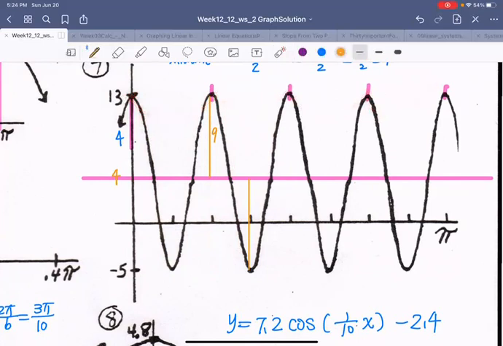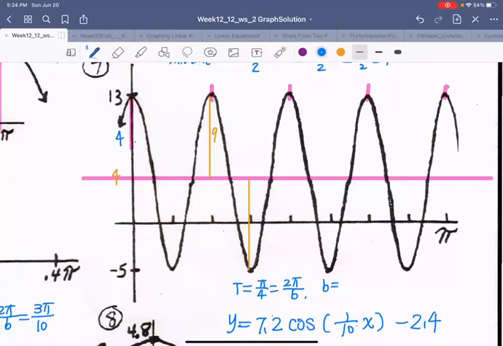So your T equals? T equals 1 pi over 4. Okay. T also equals? 2 pi over b. B equals? B equals 1/2.